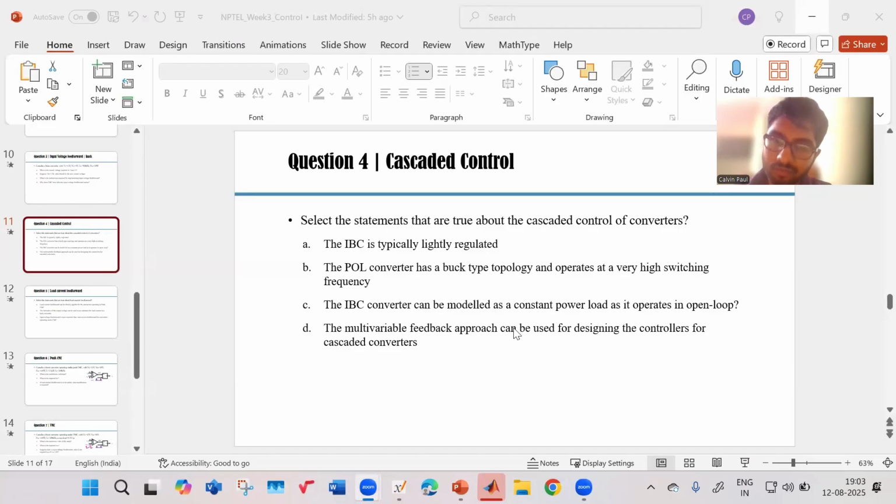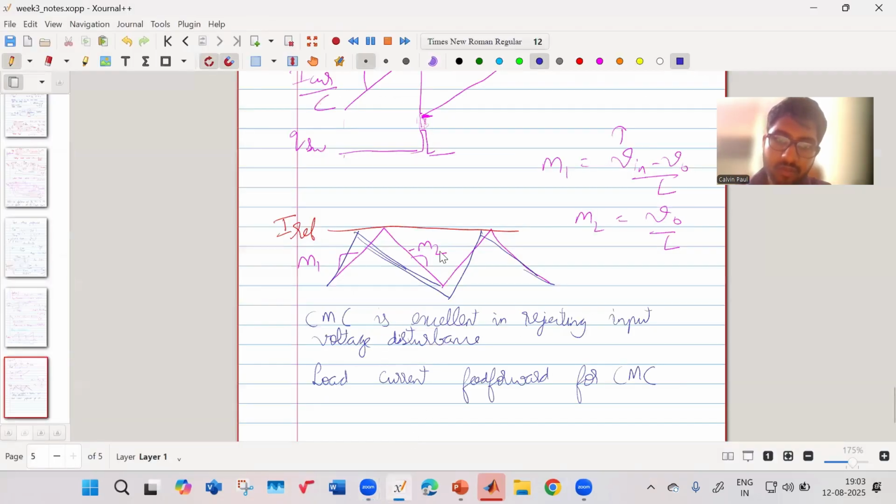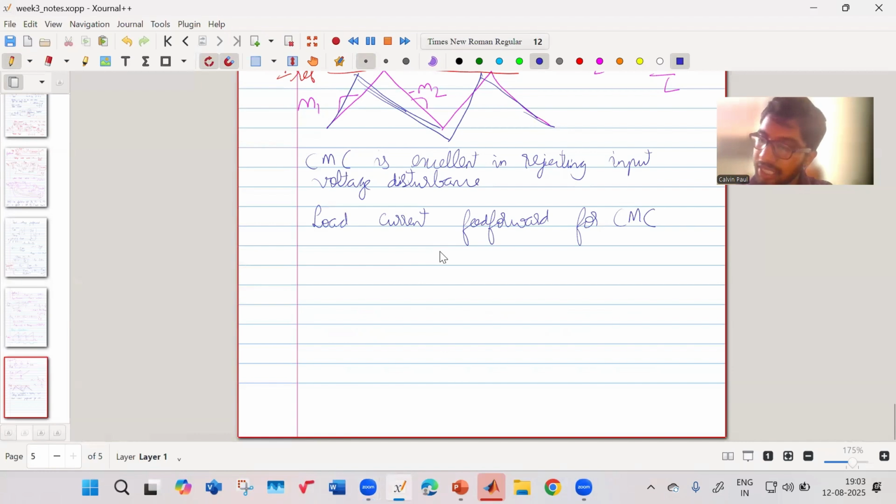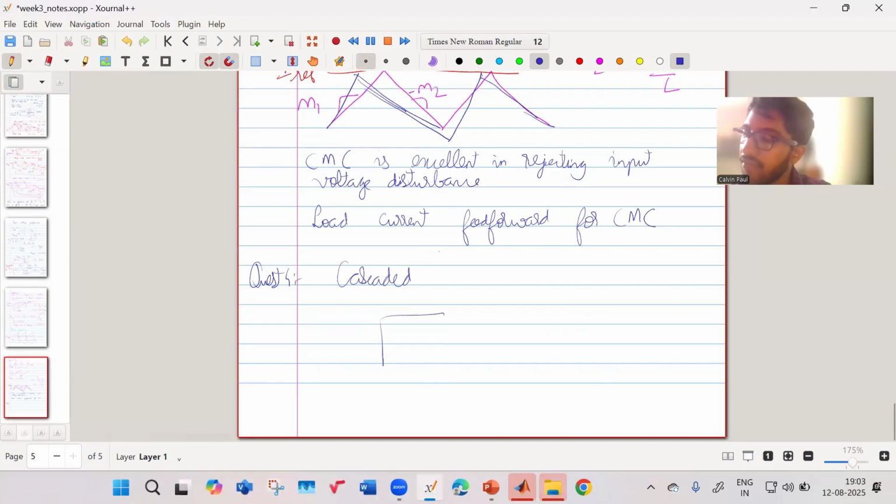So what then is question 4? We have a cascaded structure. Cascaded means one after another. So we have something known as an intermediate bus converter, then there's a large bus capacitor followed by a POL.